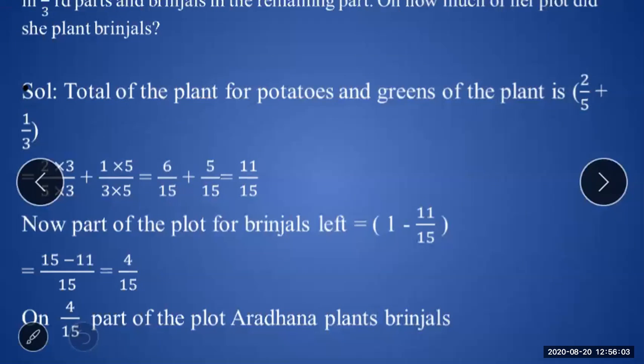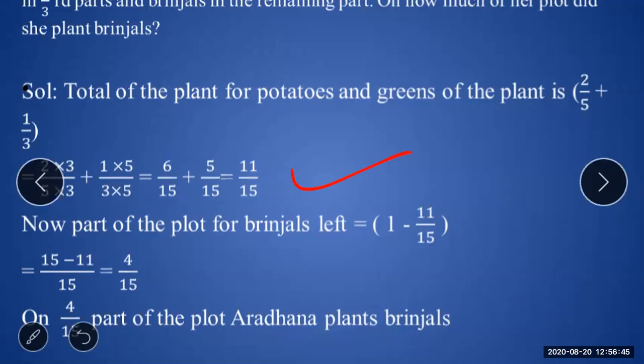We cross multiplied, because in the 5 table 3 is not coming and in the 3 table 5 is not coming. 2 upon 5 should be multiplied by 3 and 1 upon 3 should be multiplied by 5. 2 3s are 6 and 3 5s are 15; 1 5 is 5 and 3 5s are 15. So by adding 6 plus 5 we got 11. So it becomes 11 upon 15.